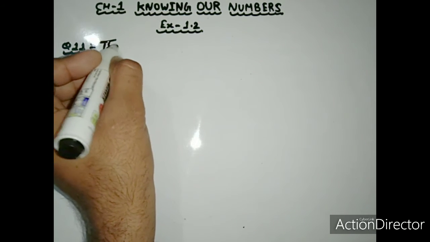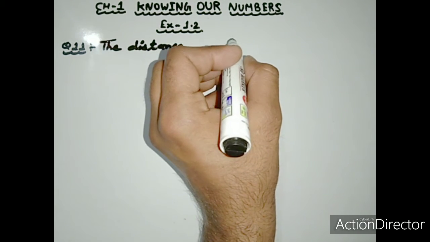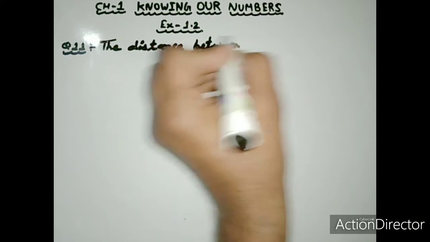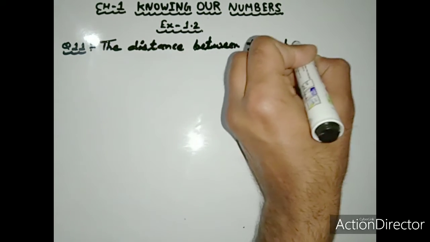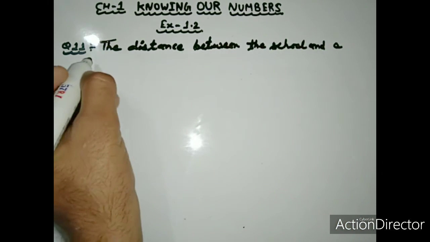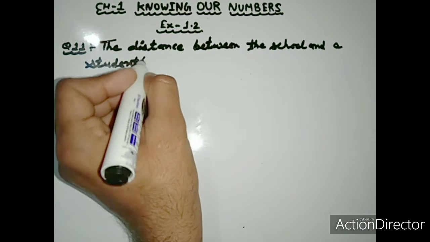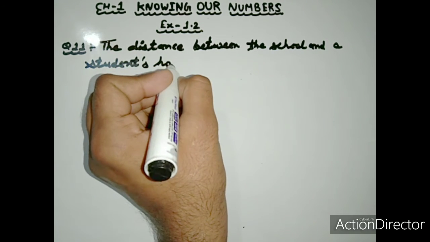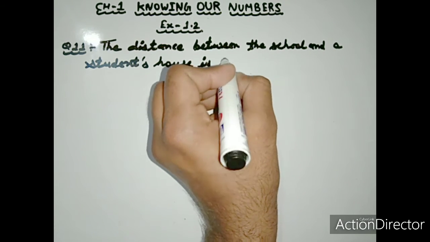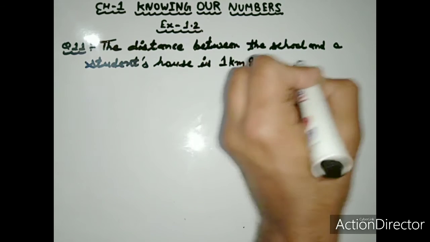Now here the question is the distance between the school and a student's house is 1 kilometer 875 meter.